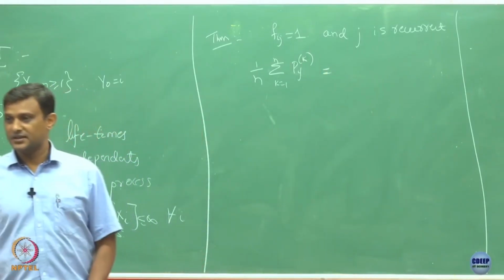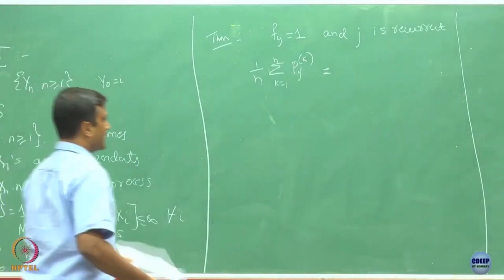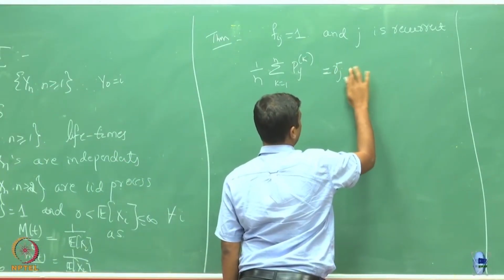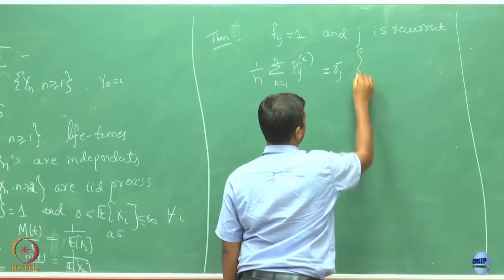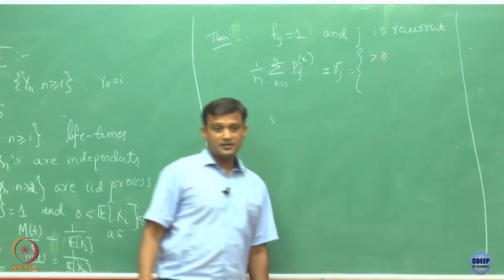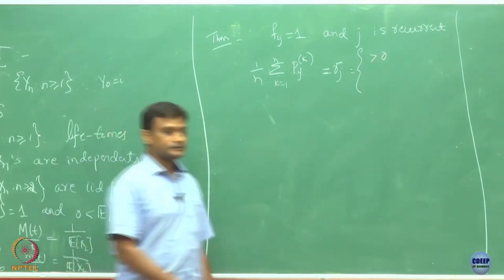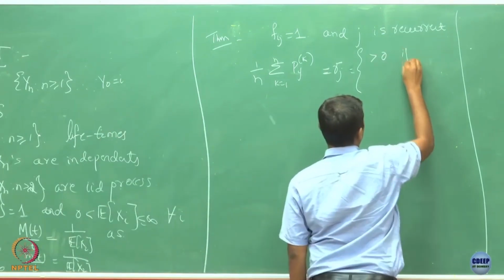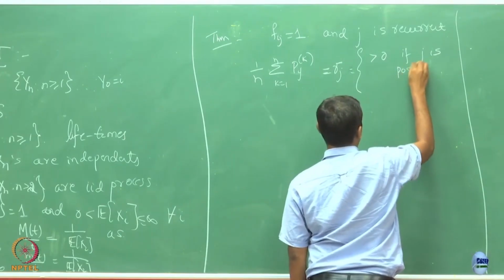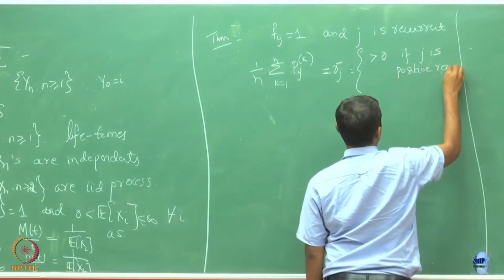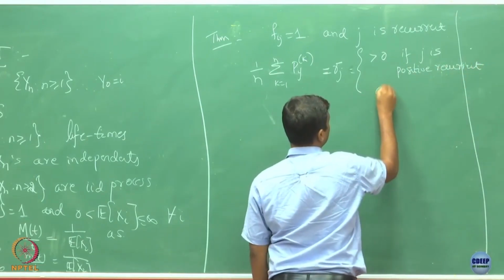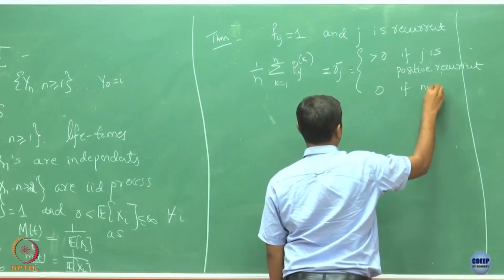If j is recurrent, we called this quantity gamma j, and we said that this is greater than 0 if j is positive recurrent, and that this is going to be 0 if j is null recurrent.